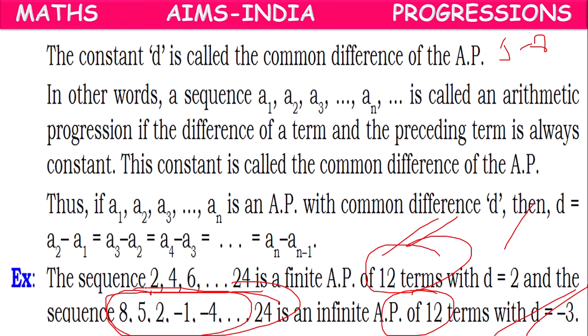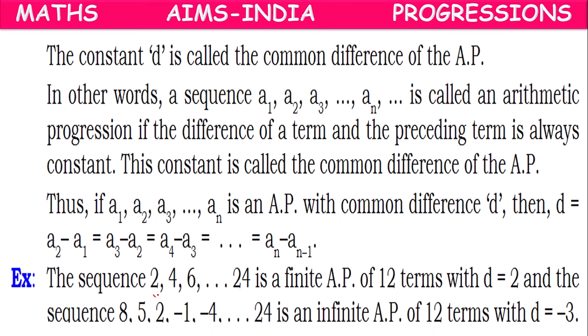We have to take 5 minus 8, but not 8 minus 5. The difference of one term and its next term, we should not take like that. The difference of any term and its preceding term, like that we have to take: 5 minus 8 is minus 3, 2 minus 5 is minus 3, like that.